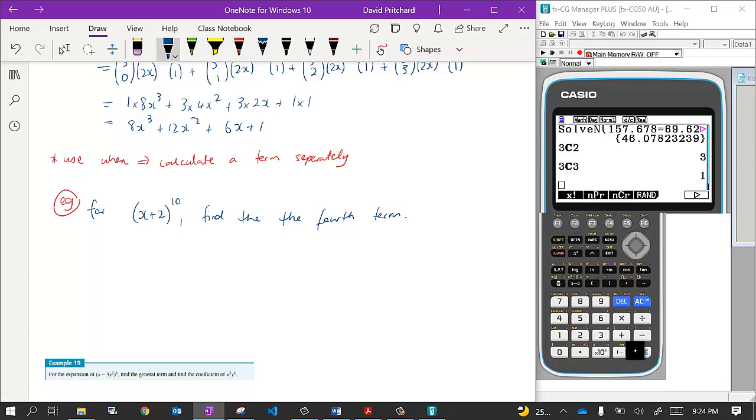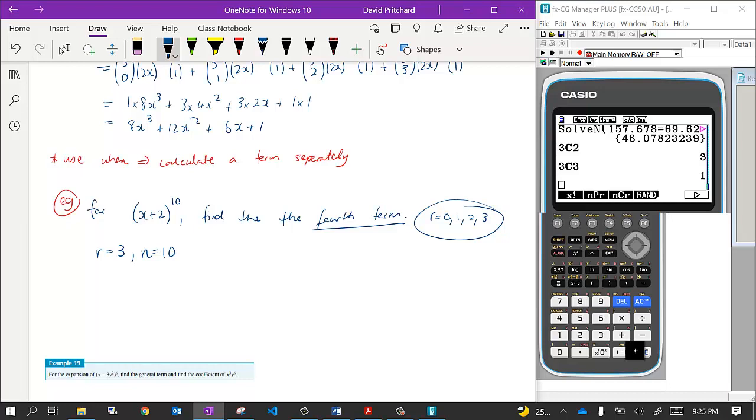So if we're looking at the fourth term, the first term is actually 0. So if we think about r, the first one is 0, then it's 1, then it's 2, then it's 3. So we're actually using r equal to 3. We know from this that n, the power, is 10, and we're replacing a with x and b with 2.